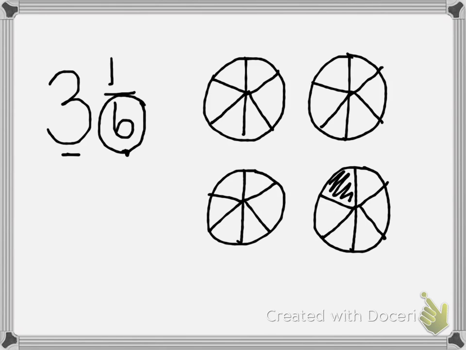Okay, and in order to represent that they represent a whole, we need to shade in each part. So this is a whole, but we're saying it's actually 6/6 because 6/6 represents a whole.